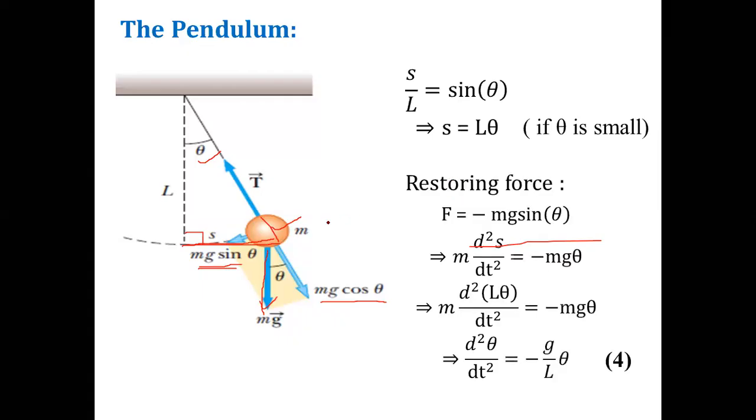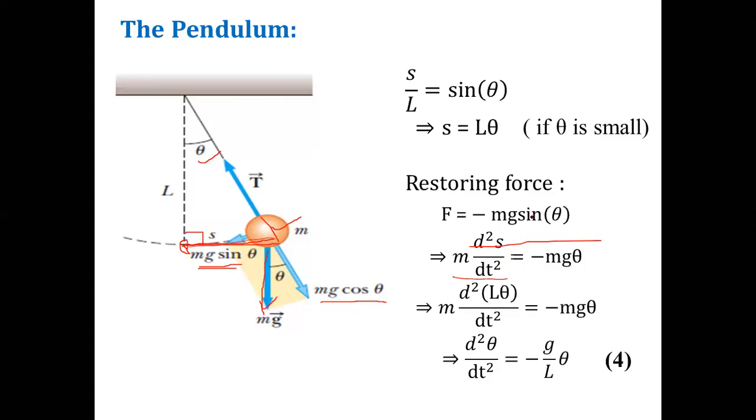Now, we said that your restoring force here would be equal to minus mg sin theta, which would try to bring it back to its equilibrium position. F is equal to mass times acceleration. Your acceleration is the second time derivative of displacement, so I can write the force as m times d2s over dt2. Remember, S is this distance over here.